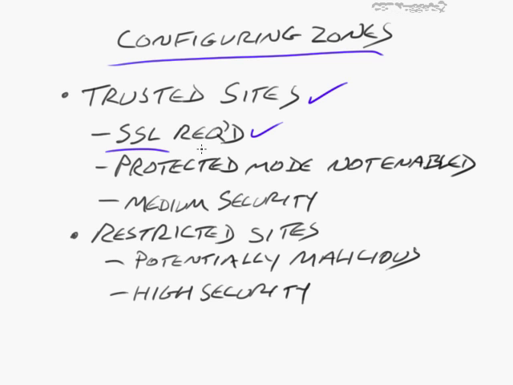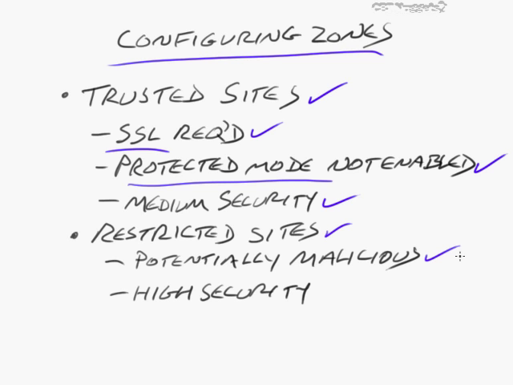It's kind of a different discussion, which we'll talk about a little bit later on, but that certificate must also be appropriately named so it does not provide a prompt to the users that might confuse them. Also, with trusted sites, if you add something there, protected mode again will not be enabled, and it sets you to medium security. With restricted sites, these would be potentially malicious sites, which usually you don't want your users going to anyway, but for me, I'm also a certified ethical hacker.